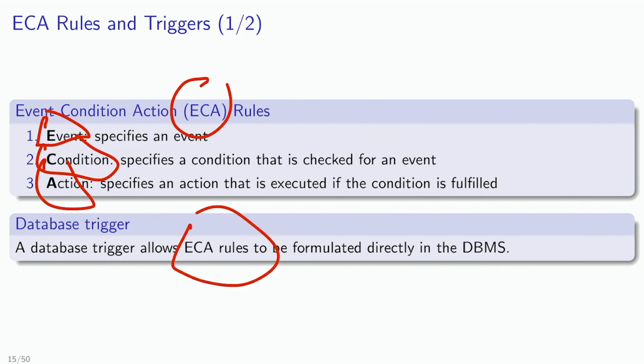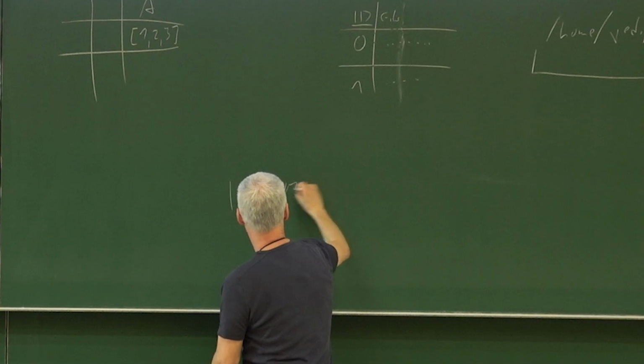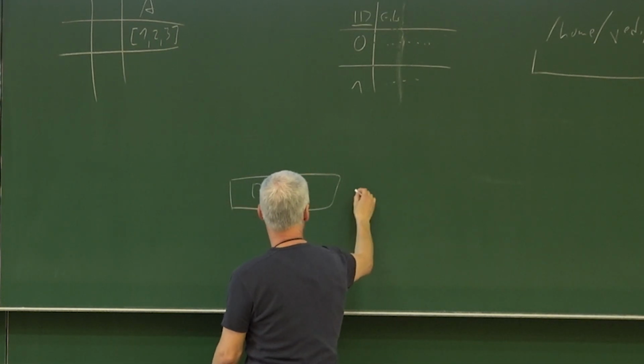You could also do that in Python. For instance, in Django there's an event mechanism that does something very similar. And maybe that's a good thinking exercise. So what I'm trying to tell you is, you have your DBMS that has these ECA rules.